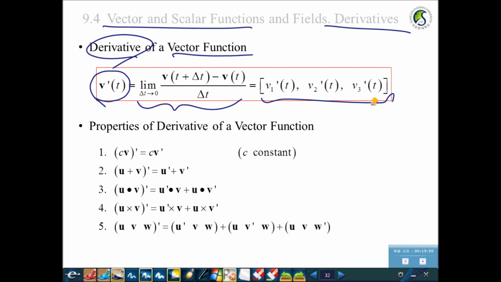And those are the usual properties. You can pull a constant out anywhere, and this is the distribution of the derivative over the inner product, this over the cross product, and this over the triple product. We just take it without proof.